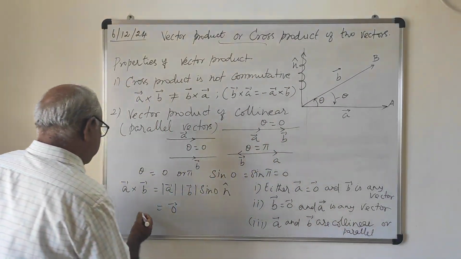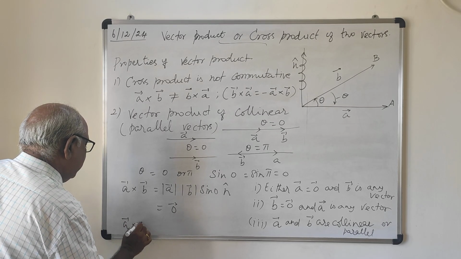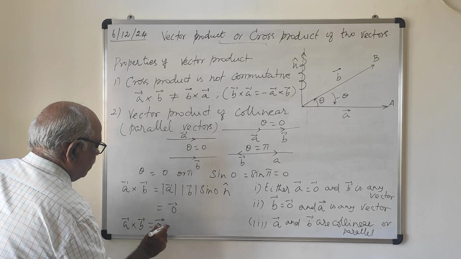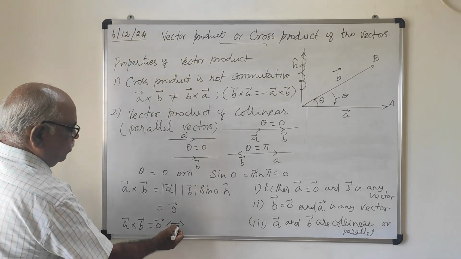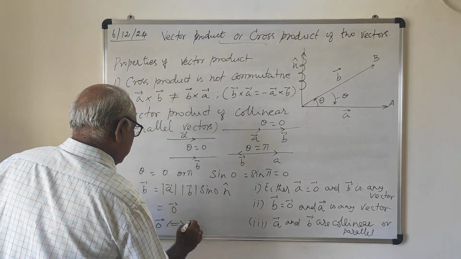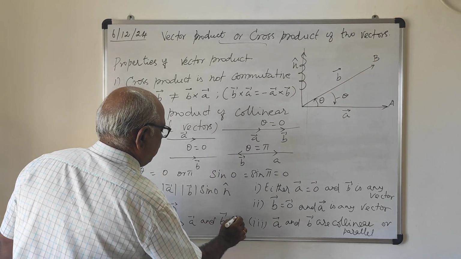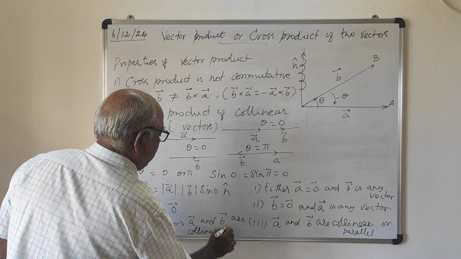So this condition is A cross B equals 0 vector if and only if A and B are collinear or parallel.